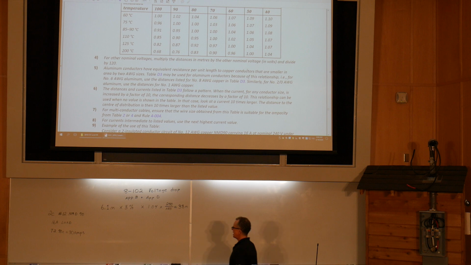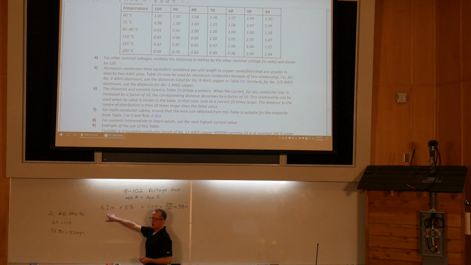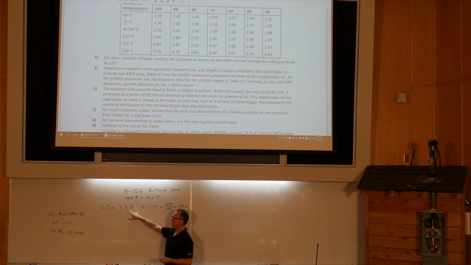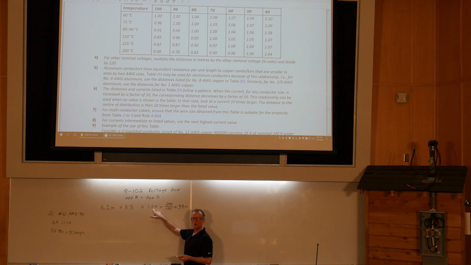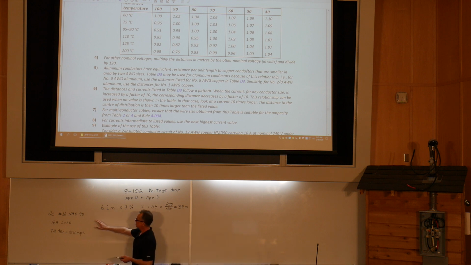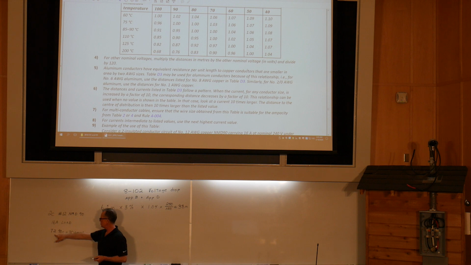So in the example, we have the 6.1, the 3%, so the table is based on 1% and our voltage drop in the circuit is going to be 3. We have a distance correction factor of 1.04 based on the loading. Out of Table 2, 90 degree, number 12 is good for 30 amps.